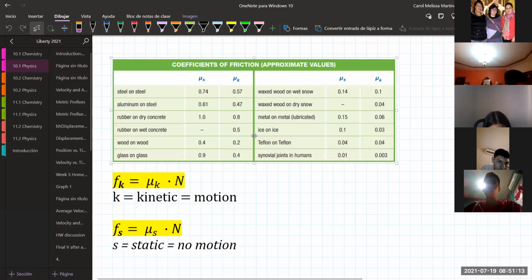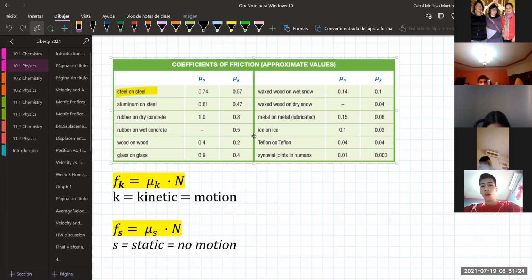So let's look for this situation. Okay, we have steel on steel, no. Aluminum steel, neither. Okay, so we're looking for wood on wet snow. Okay, so if you take a look at the second part of the table, the first one says wax wood on wet snow.